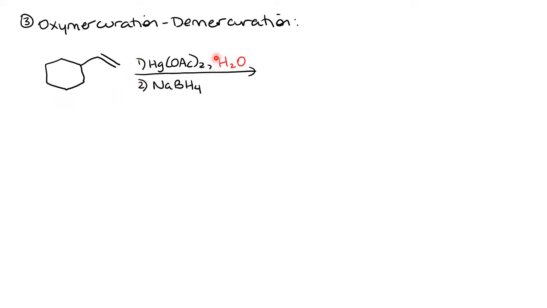Now the water acts as the nucleophile and will attach at the Markovnikov position, which is the more substituted carbon of our alkene. Now in this example, we're going to create an alcohol. Where we have the OH group here.